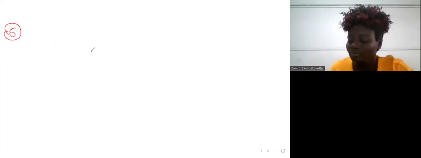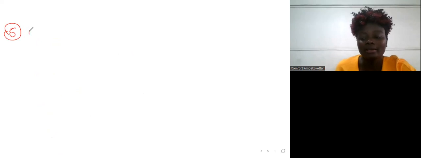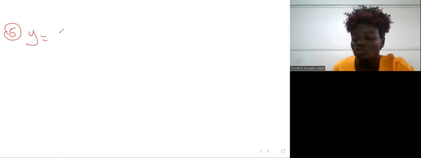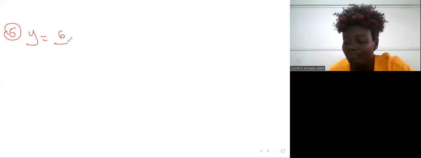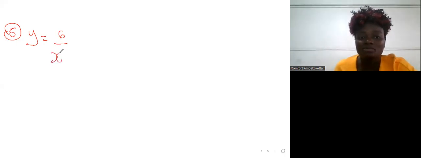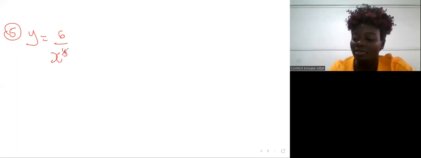Okay. My last example is the 5th one. y is equal to 6 over x exponent 1 over 3. So how do we solve this?